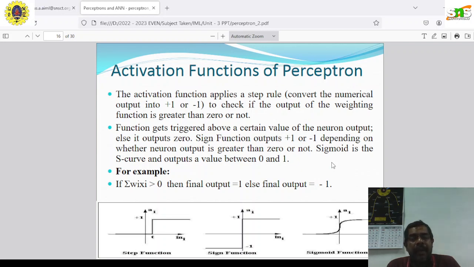There are three varieties of activation function. Number 1 is the step function. In that image itself you can see that it falls into the positive quadrants of the graph. Already we studied in earlier schooling that the graph has four quadrants.